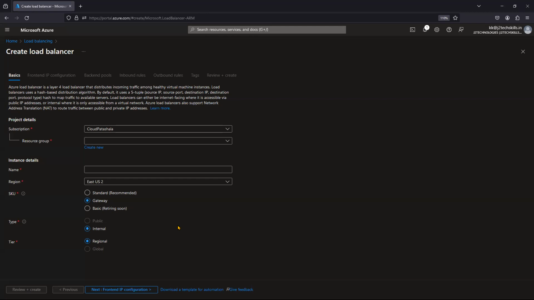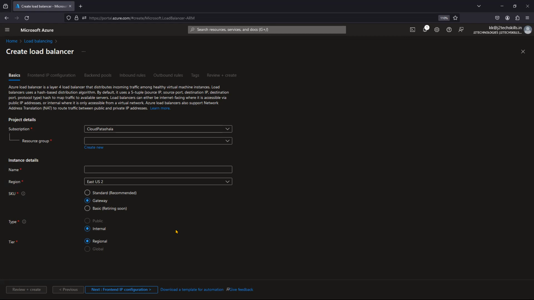That is recommended, and we can mention that. The basic load balancer backend supports only 300 instances, not 300 backend pools, only 300 instances in the backend pool. But standard supports up to 1000 instances.